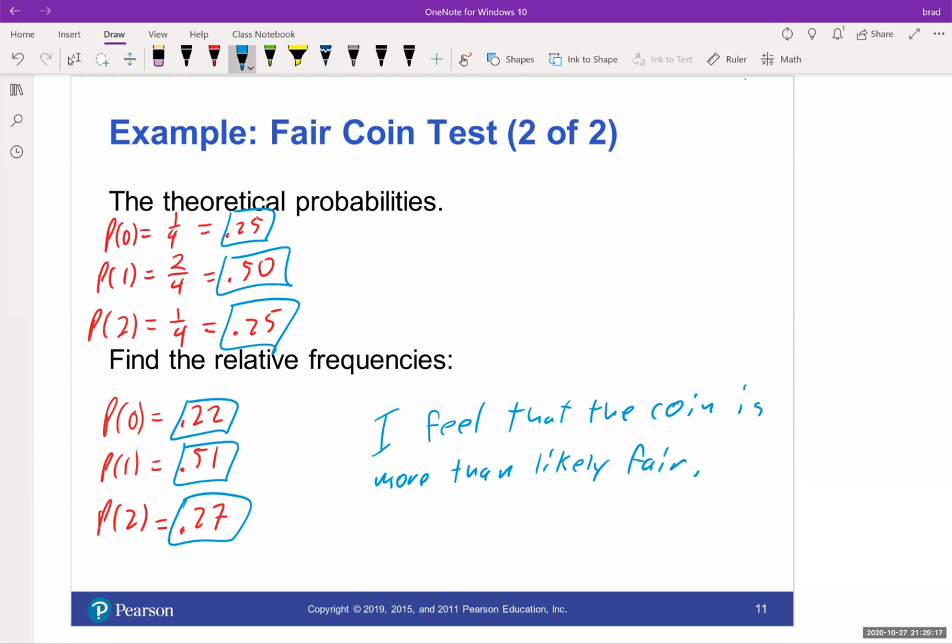So it's not a weighted coin. Somebody didn't cheat and put a little bit of extra weight on one side, so that when you flip it, it lands a certain way. I feel like these theoretical probabilities are so close to the relative frequencies that it's probably a legit coin.